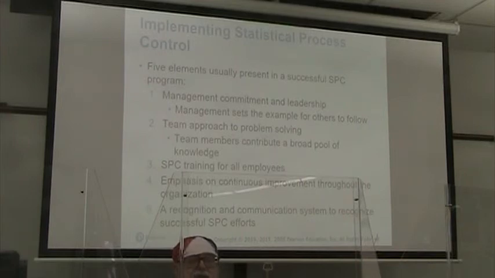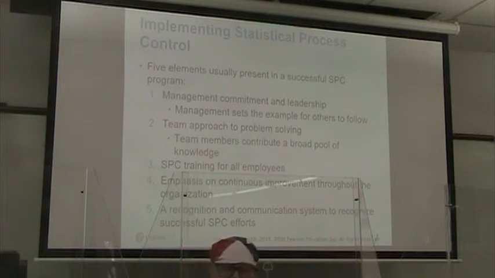So our management is setting the example for us all to follow. Second is a team approach to problem solving. So the different team members contribute because they have a broad pool of knowledge between them.